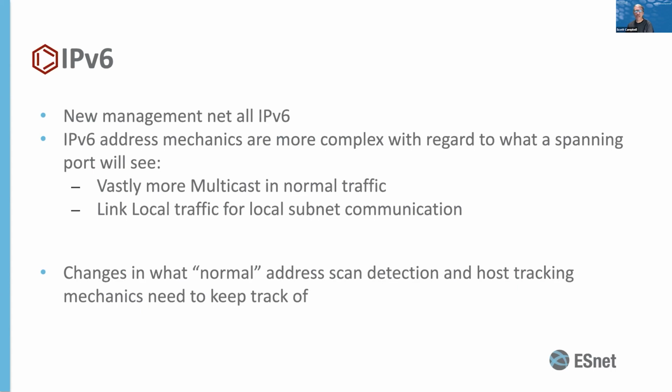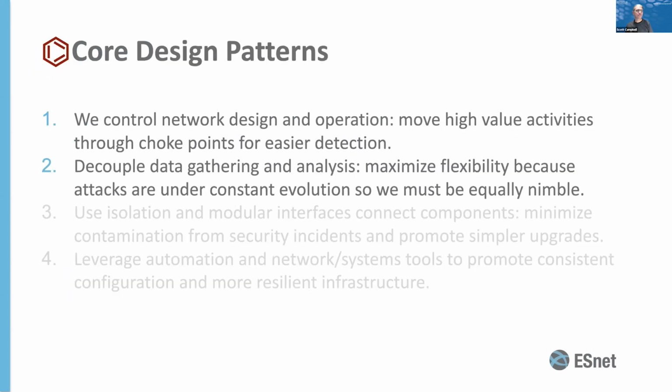You have link local traffic, which is totally normal. But if you're used to seeing all traffic should be within this tiny subnet, and you start seeing link local and you don't expect it, you might just panic. So you have to smarten up your scan detection and host tracking mechanics to keep some of this in mind. And there's a lot of other corner case personality things with IPv6. It's pretty awesome, but it is a learning curve.